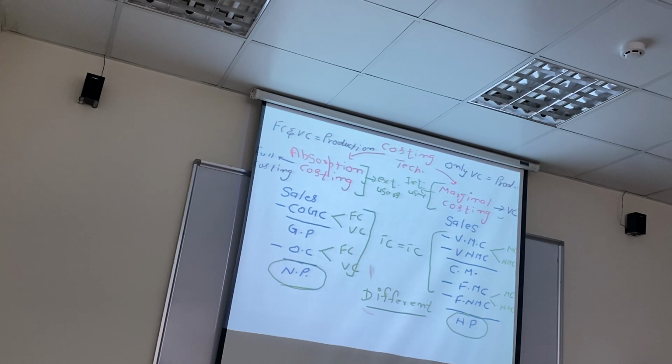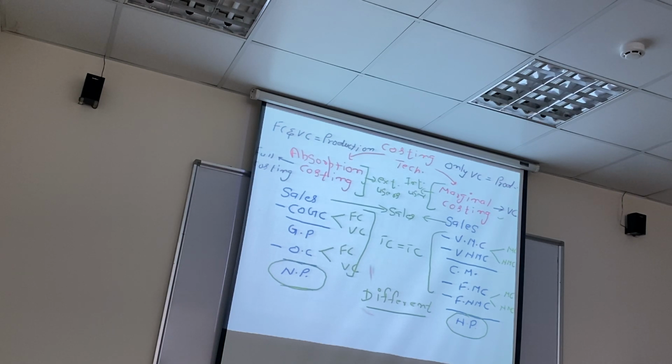Even though cost is the same and sales are also the same, profit will be different. Why? Once you calculate, you will understand why. So those are the ideas behind marginal costing and absorption costing.